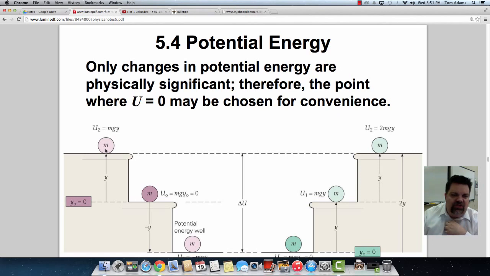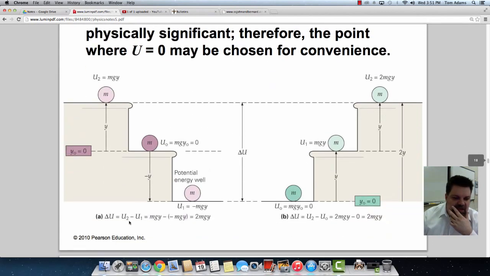And the way that I get that calculation is if I go 1 unit y down, then my potential energy is equal to negative mgy because we go negative y. And then here, if I start at the top, my initial potential energy is just mgy. So we have mgy minus negative mgy, which is 2 mgy.